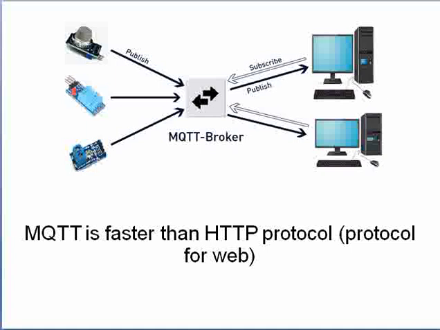So that was used initially in the Internet of Things. But considering the complexity of the HTTP protocol, MQTT overtook that, and considering that it's a simplified, lightweight protocol, we can say that MQTT is faster than HTTP protocol and has a significant share.